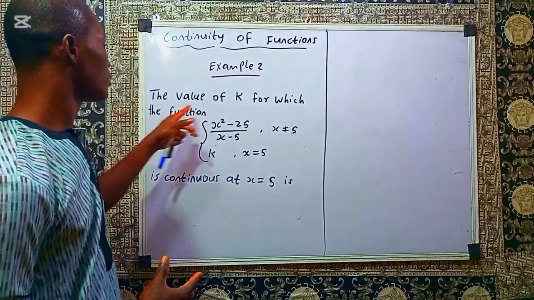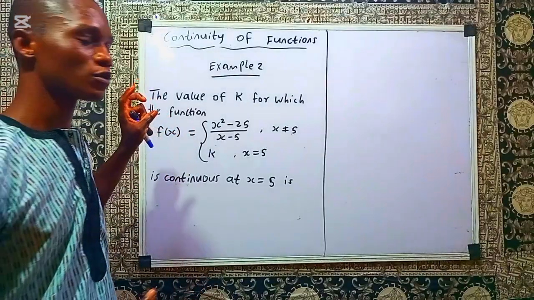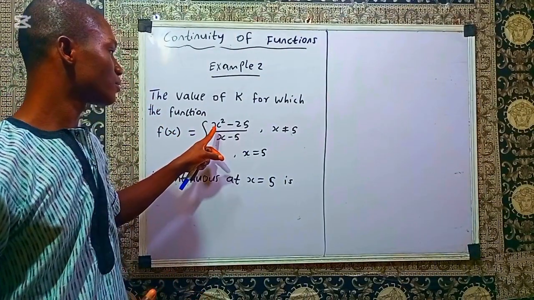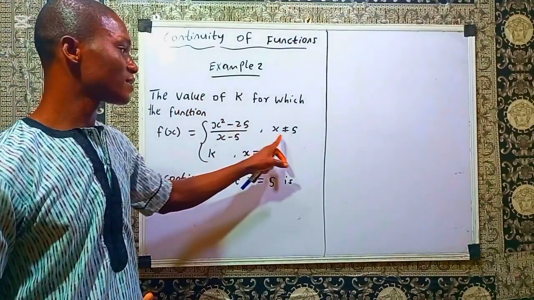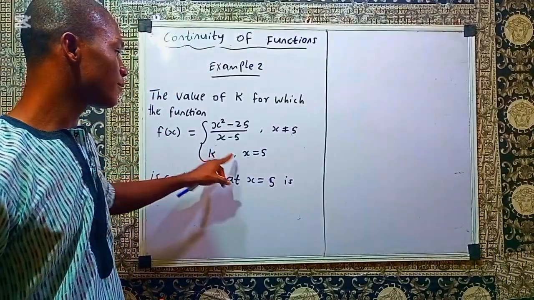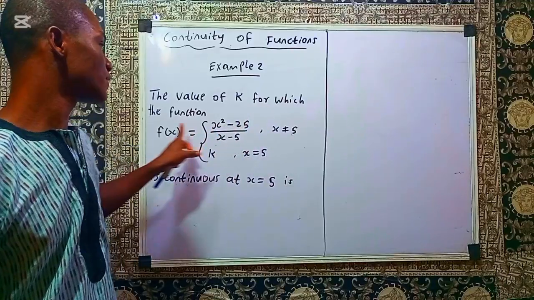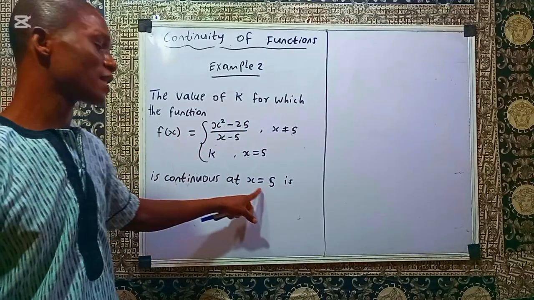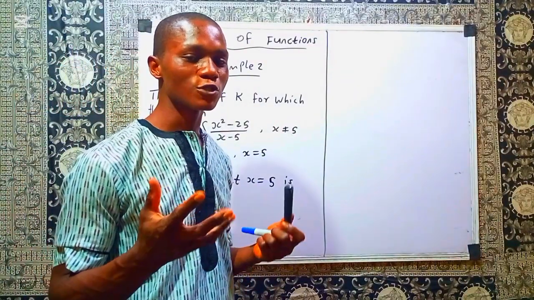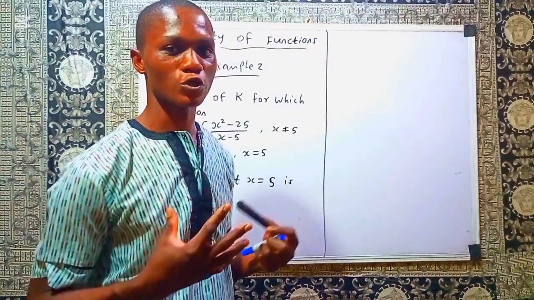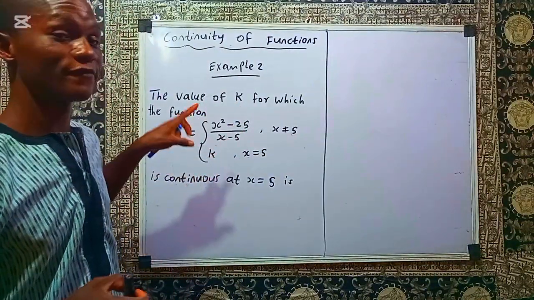They ask for the value of k for which the function f of x equals x squared minus 25 divided by x minus 5 when x is not 5, and it takes the value k when x is 5, is continuous at x equals 5.